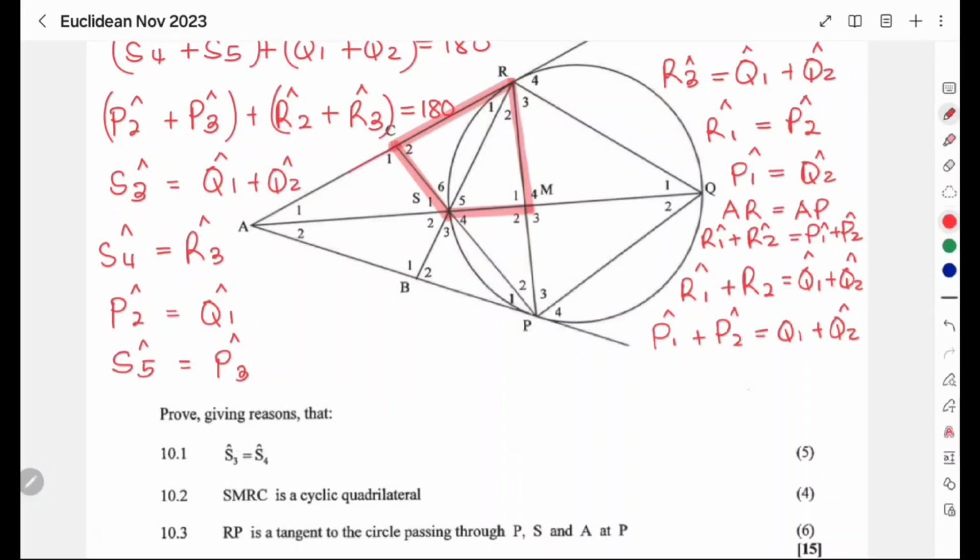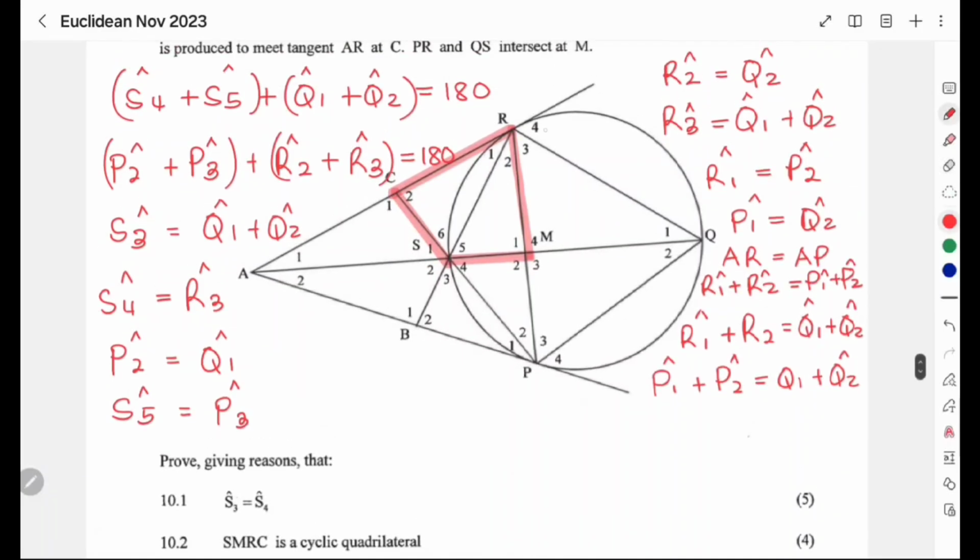Now, if you notice, this has an exterior angle. It has this angle C1. If you can prove that C1 is equal to M1, then it is a cyclic quad. Alternatively, you can also use this exterior angle over here, S1. If you can prove that S1 is equal to the opposite interior angle, R1 and 2, or you can call it CRM, then you have proved that it is a cyclic quad.